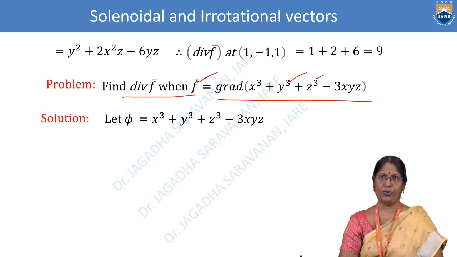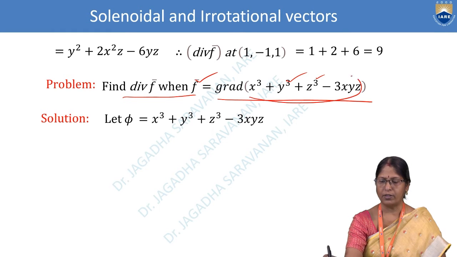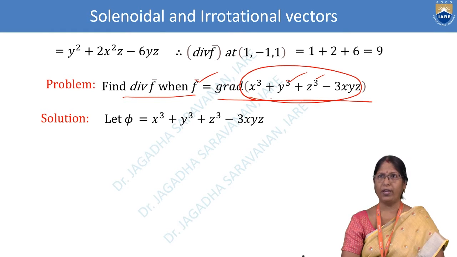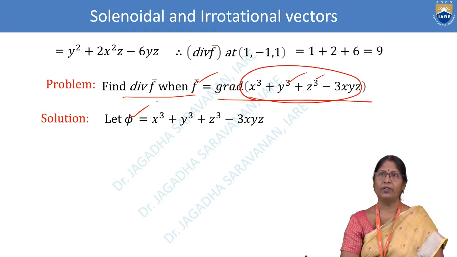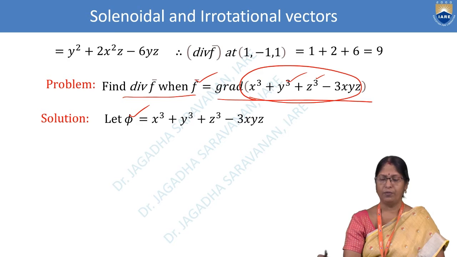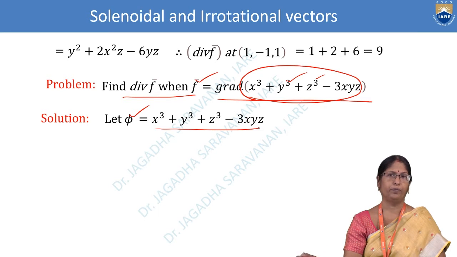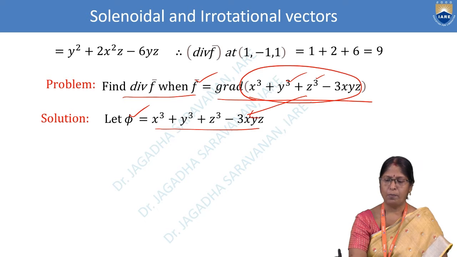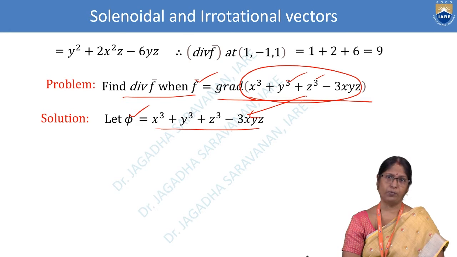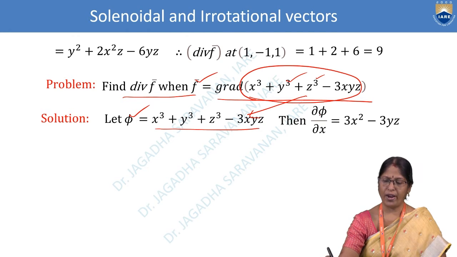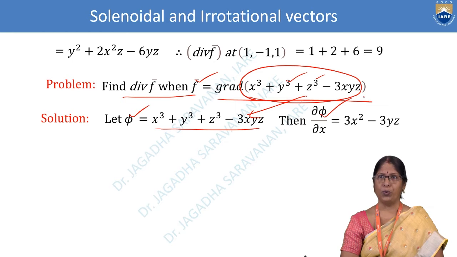Focusing on the solution, the term we are assuming as some pi. Why we have to do it, we will discuss later. First, we are assuming pi, that is x cube plus y cube plus z cube minus 3xyz, is assumed as pi. We are finding dou pi by dou x.